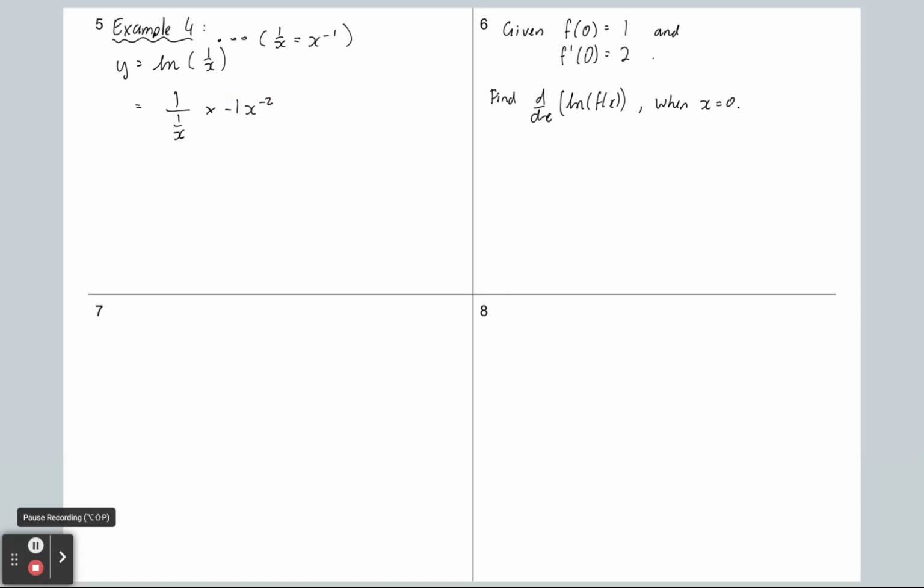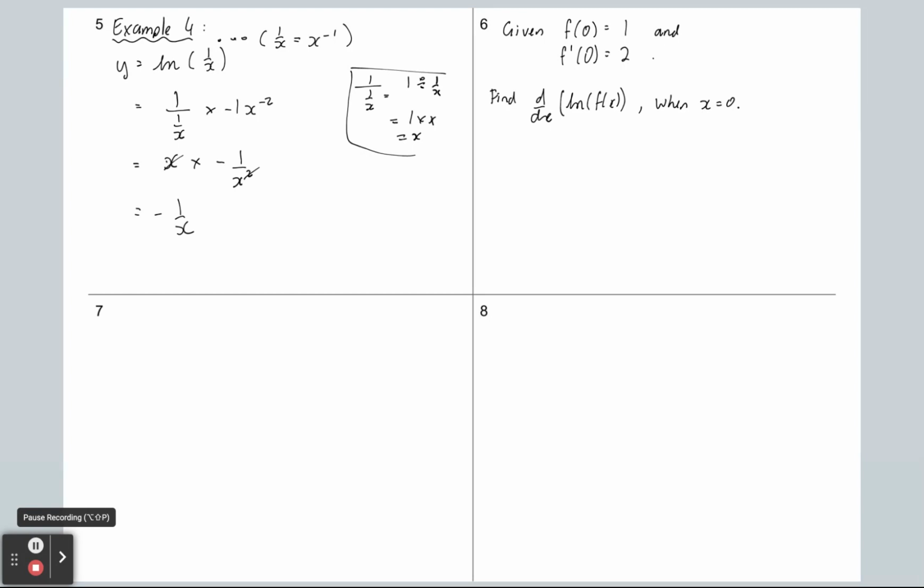Tidying that up, what have we got? 1 divided by 1 on x I'll do off to the side as well. 1 divided by 1 on x is the same as 1 times x, which is x. So this effectively becomes x multiplied by negative 1 on x squared, and then they cancel out to give me negative 1 on x. All that hard work to get to negative 1 on x.